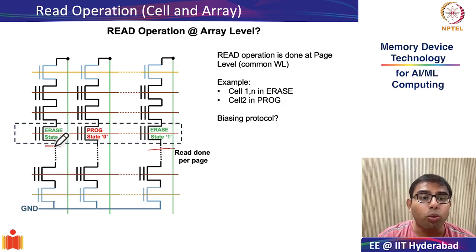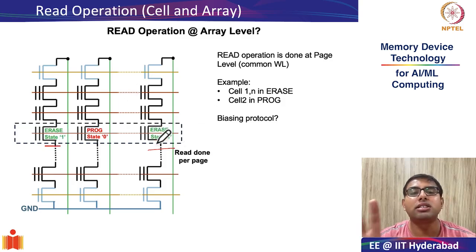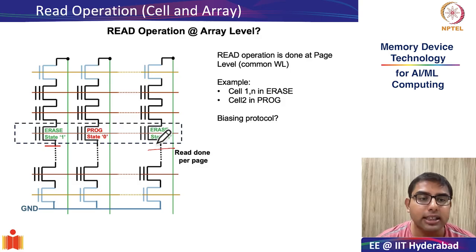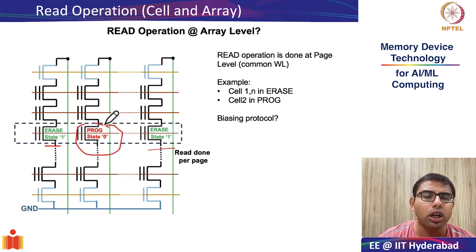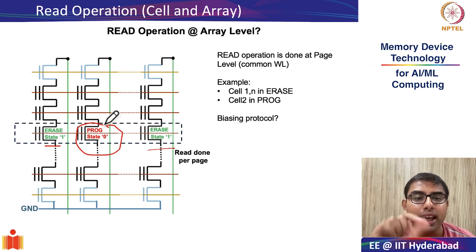What happens is cell 1 and cell n are still in erase state, but now, by doing a program operation, you have altered the state of the second cell in the page of our interest.